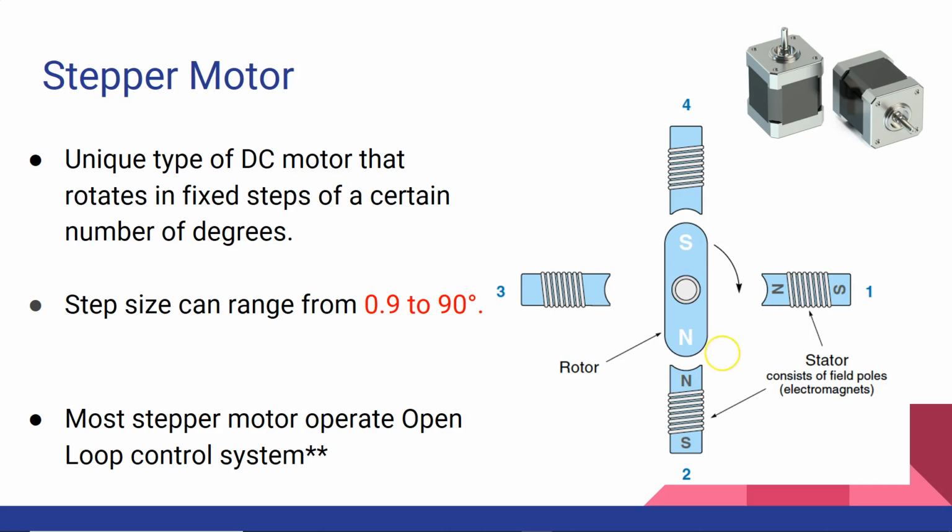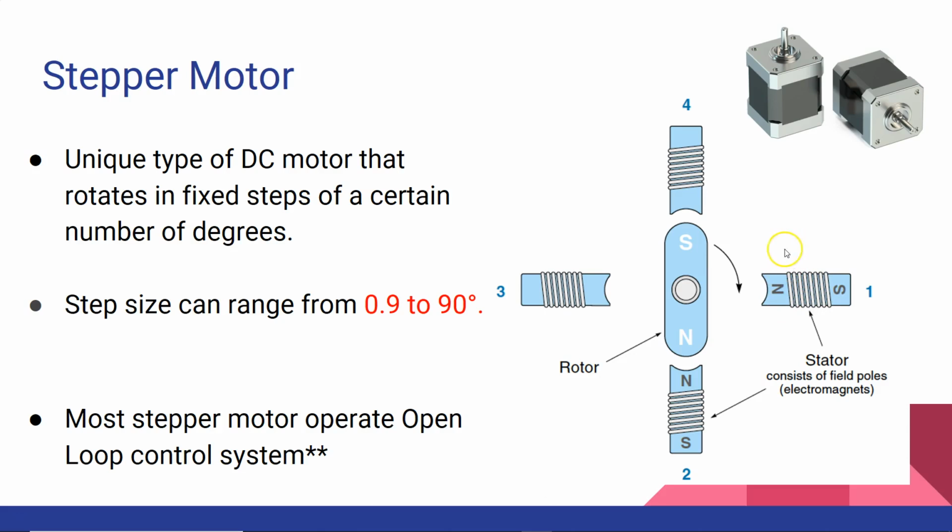These stepper motors are brushless in nature and have fewer mechanical parts. And because of their unique design, these stepper motors are inexpensive, their design is very rugged, and they are easy to position.